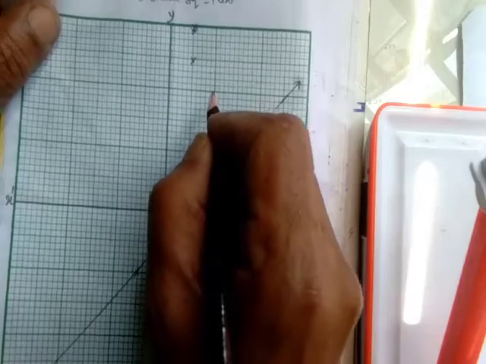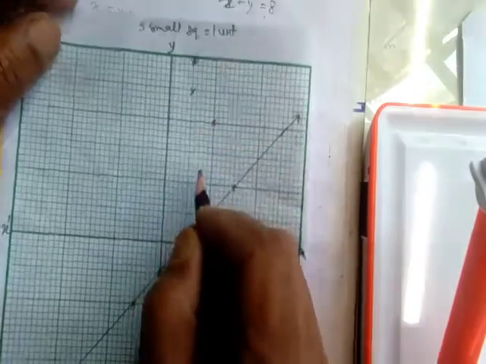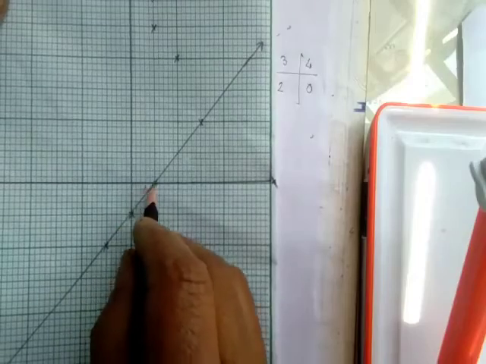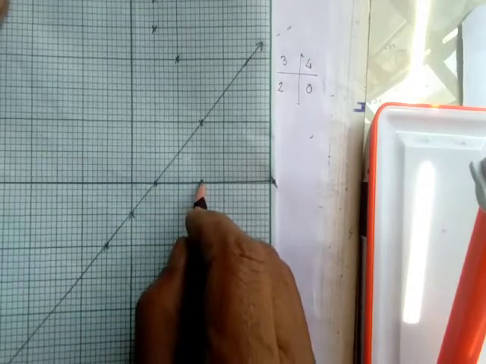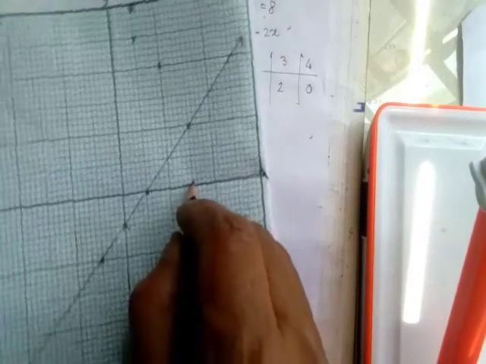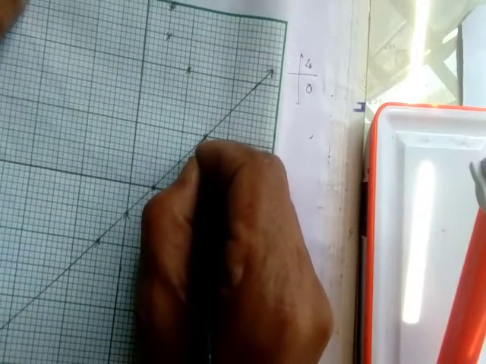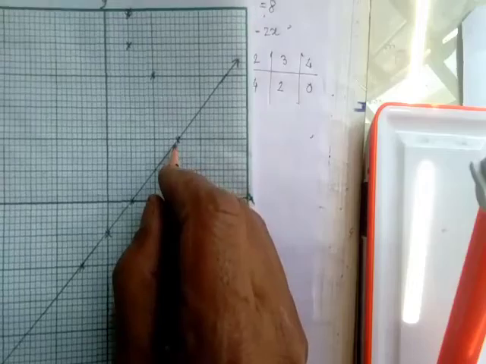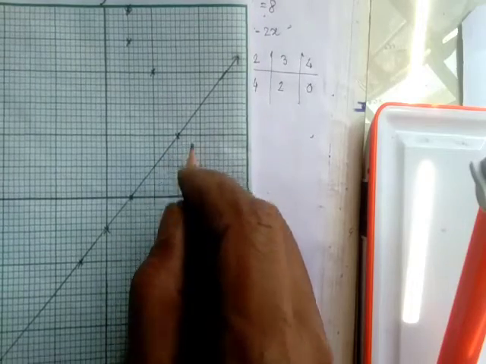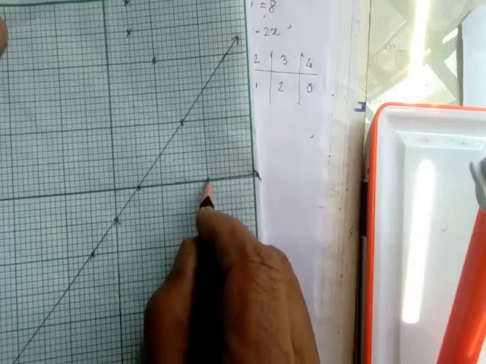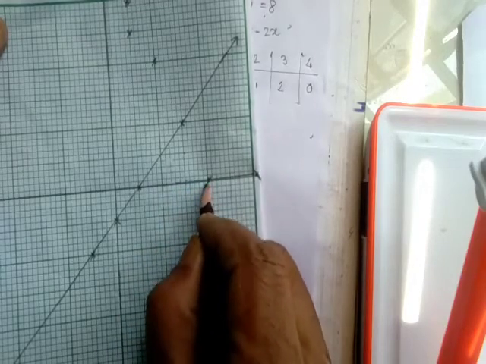Next, x is equal to 3, y is equal to 2, which coincides with the same point. Next, x is equal to 4, y is equal to 0. This is here.